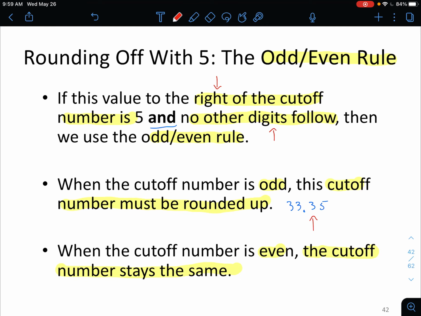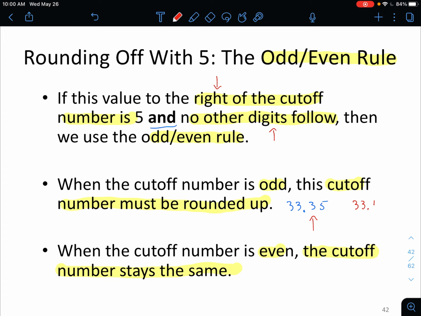So 33.35 is exactly halfway between 33.3 and 33.4. So there's no obvious way for me to decide what to do about rounding, so that's when the odd-even rule applies. So like I said, the concept is half the time I round up, half the time I do nothing. And we need to agree about which half we do one thing, which half we do the other, so everyone's being consistent. And the odd-even rule says when it's odd, I round up, and when it's even, I don't do anything.